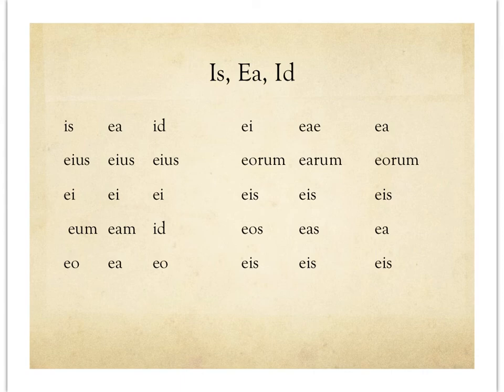Is, ea, id is really interesting. Often, and this is how we tend to think of it, it means he, she, and it. So if you think of the id from sort of Freudian psychoanalysis, it's that uncontrollable, undifferentiated part of the mind, the id, and that's because it's just a giant it.